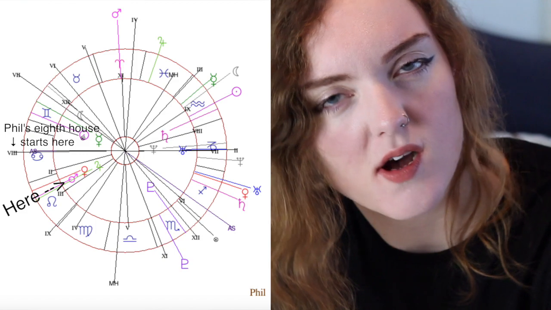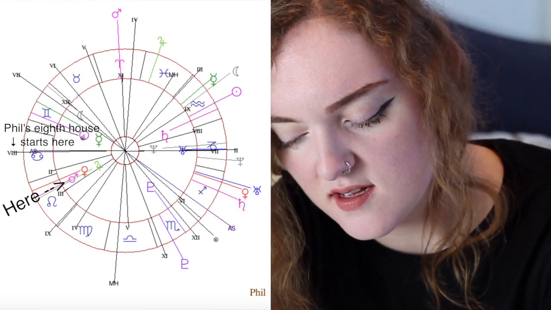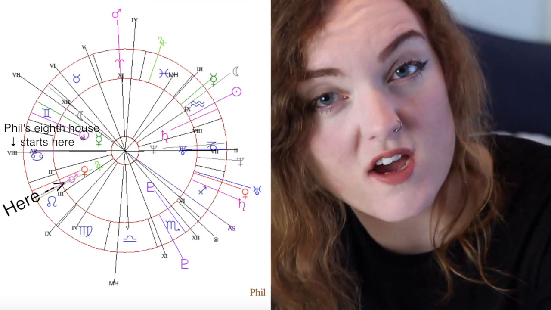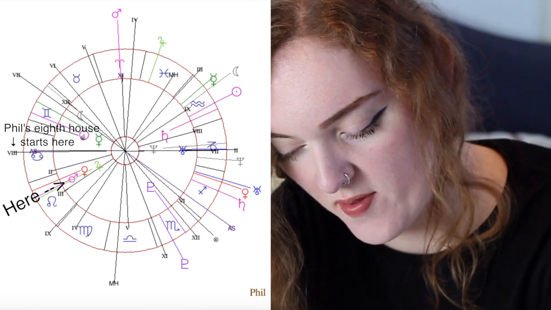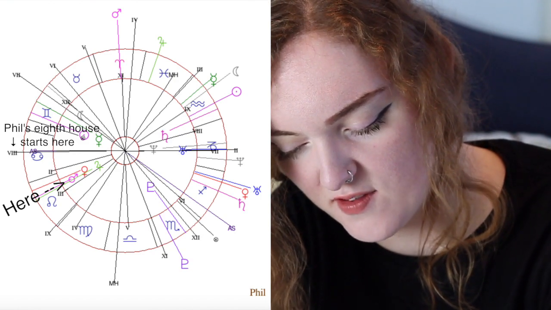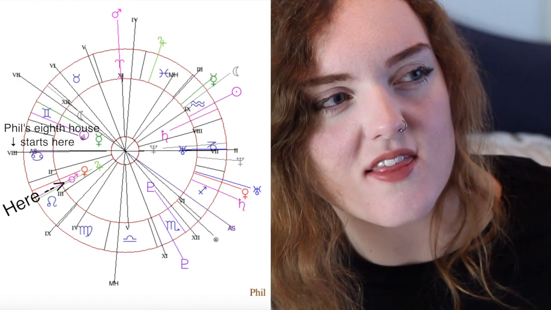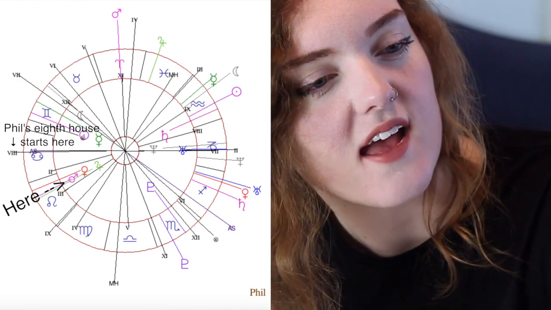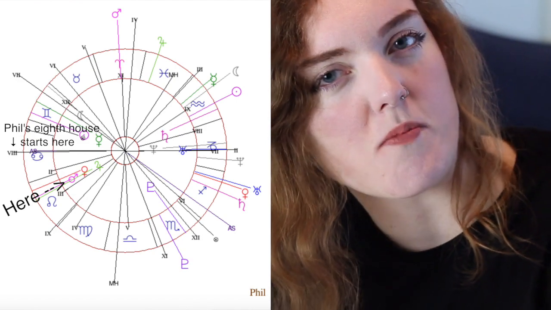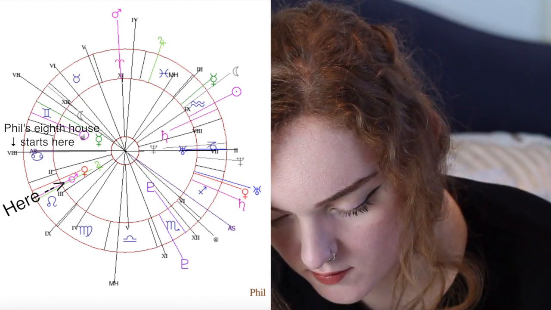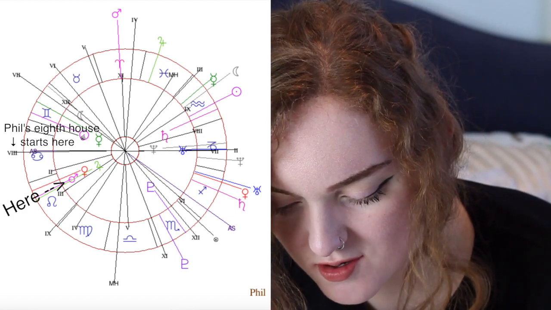It's odd that Dan's Mars, which is his drive, his Venus, which is what he's attracted to, and his Jupiter fall in Phil's 8th house, because that could symbolise that there is some very deep and dramatic connection there.